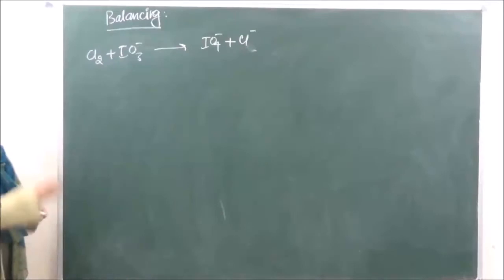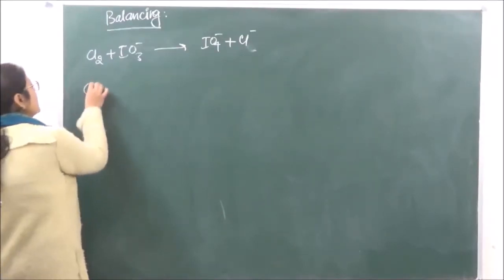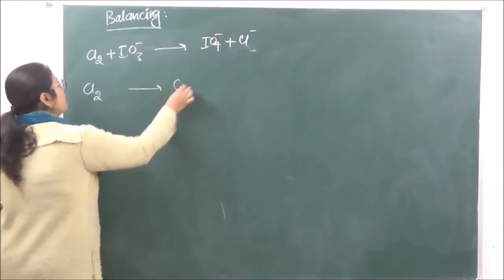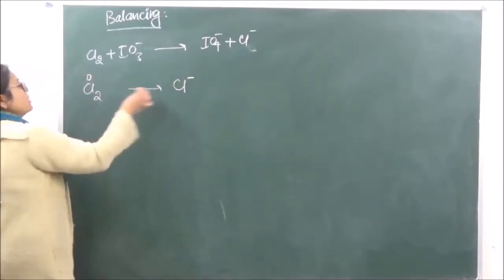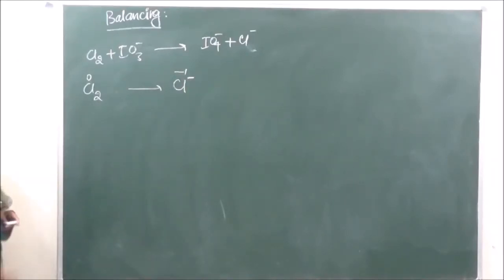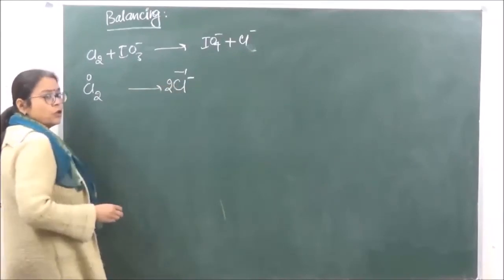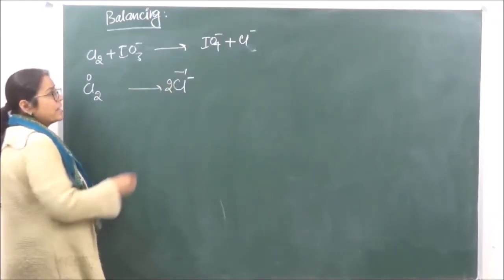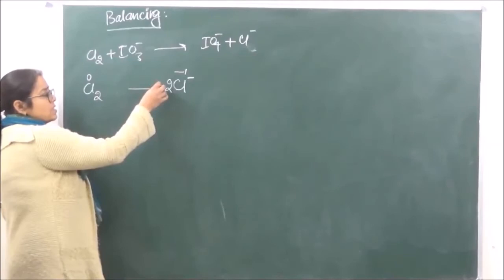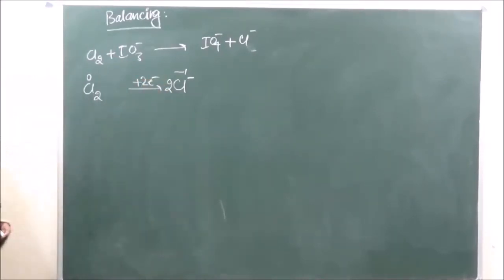So let's first balance the half reactions. Over here we have Cl2 to give us Cl negative. So 0 to minus 1. Per atom, there are 2 atoms of chlorine, per atom 1 electron exchange. So for 2 atoms, how many electrons are exchanged? Decrease in oxidation number is reduction. So plus 2 electrons.